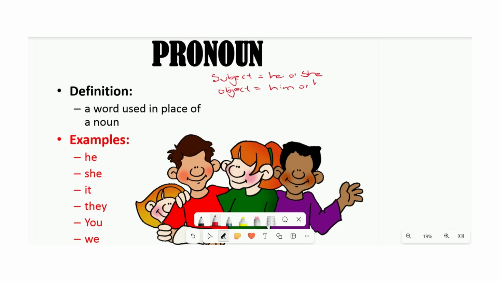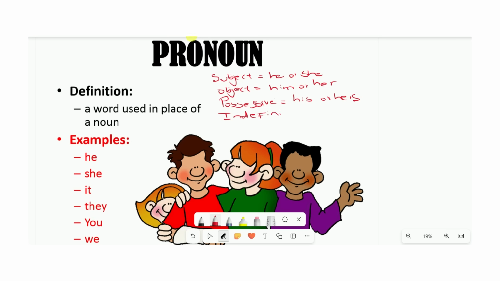Again, a pronoun can come in a form of possessive. When it is a possessive, that is where we can have a pronoun such as his or hers. Another way we can have is in a form of indefinite.